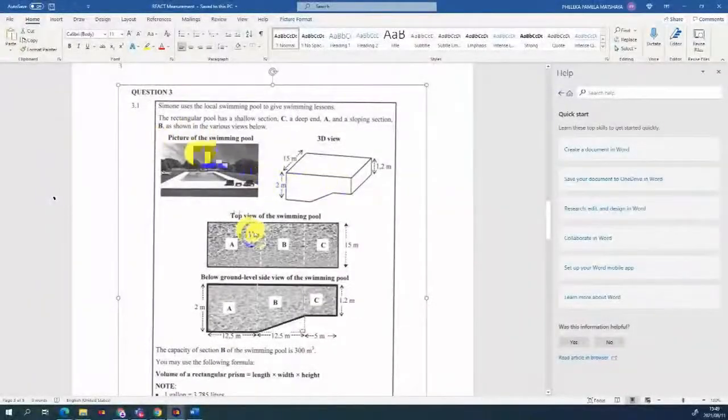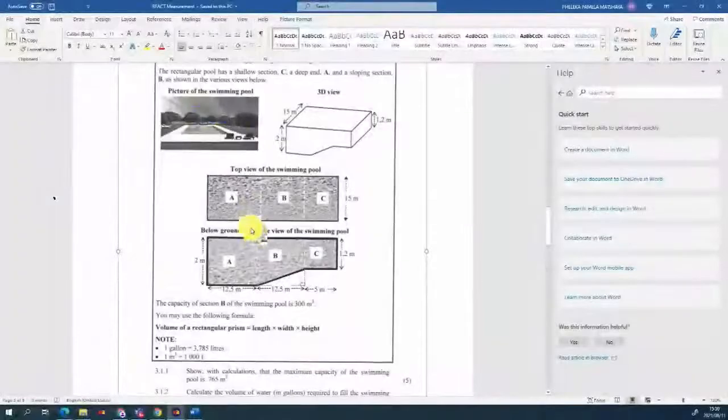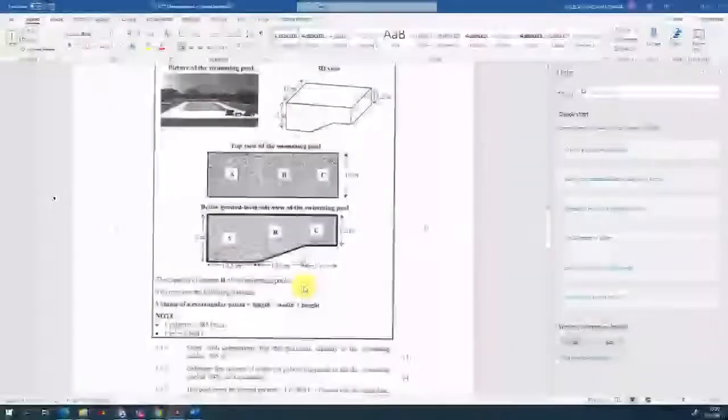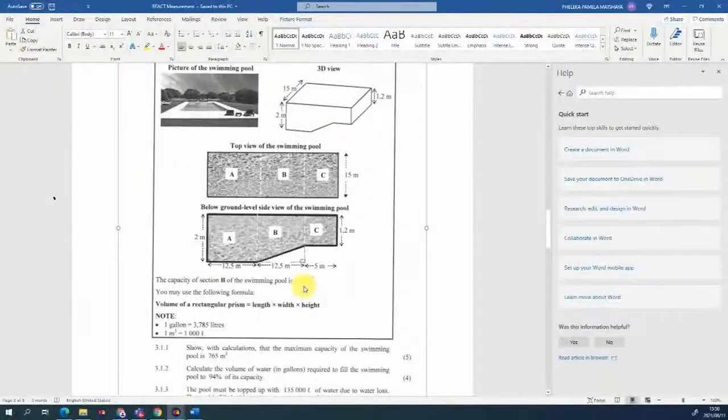Not C, sorry, B. They gave it B, first there it is, 300 cubic meter. And then the C is 90 cubic meters. And if you add it, then you get 765 cubic meters.